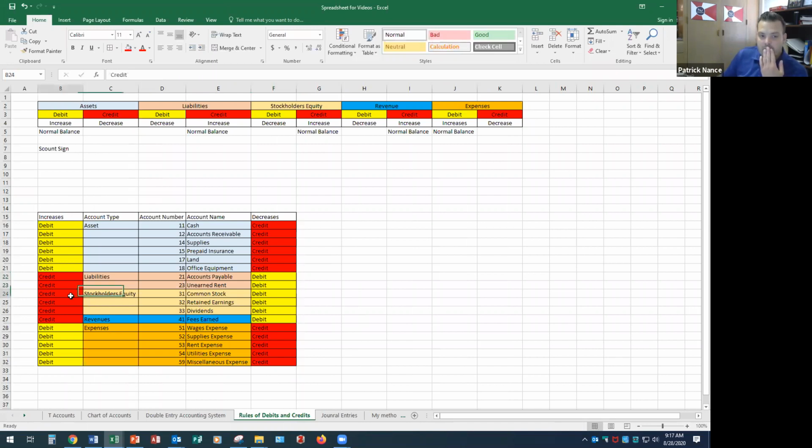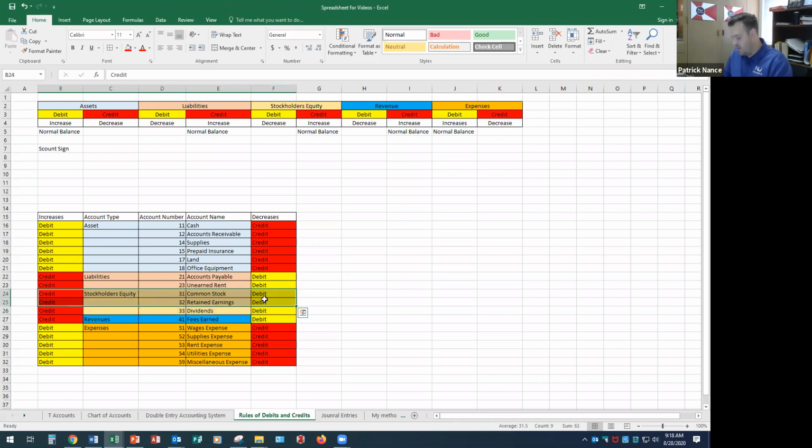Stockholders' equity. Technically, remember, revenue and expenses are also under stockholders' equity. So stockholders' equity is increased with a credit and decreased with a debit, so its normal balance is a credit.